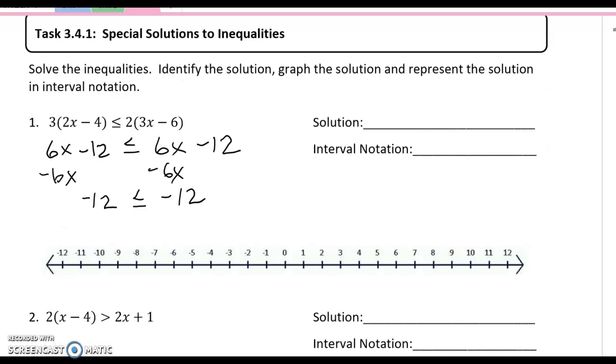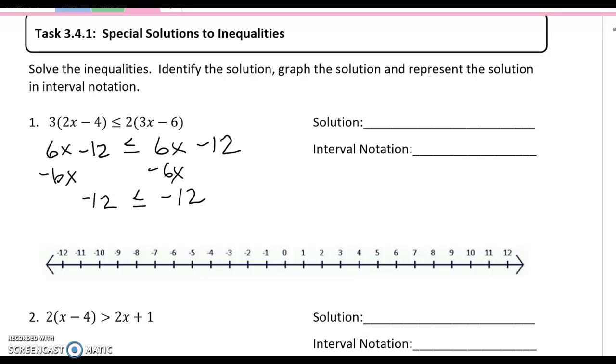So here we find ourselves trying to solve for x in this inequality, and the variable goes away. Now, we've seen this scenario when we were solving equations in Unit 2. What did we do when the variable went away?